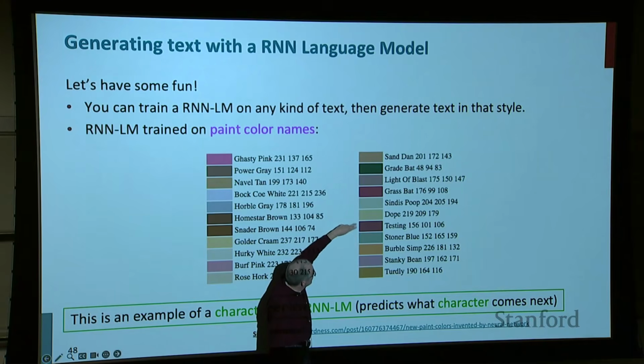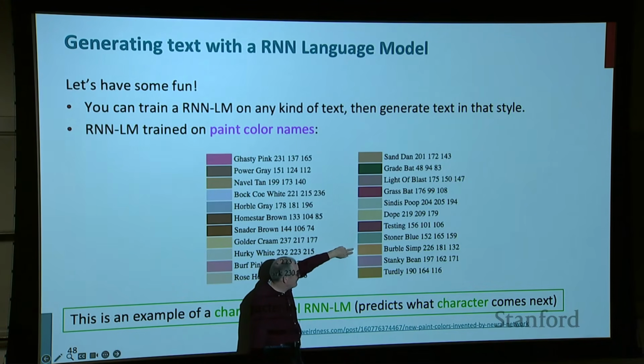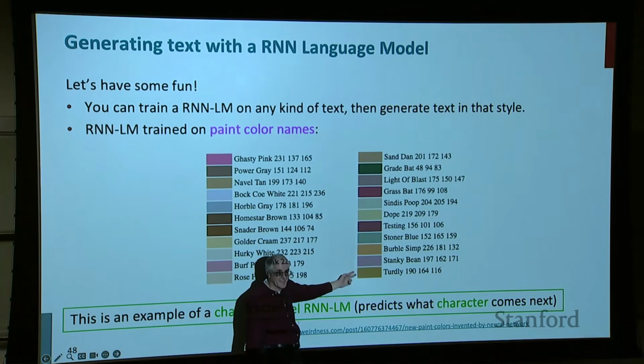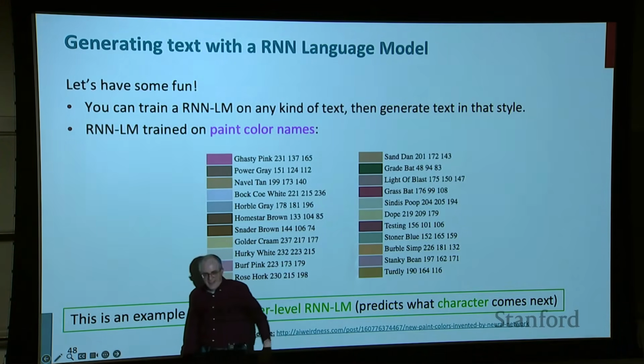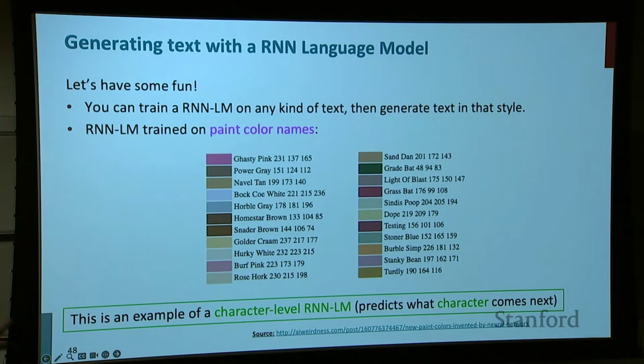And then this Stoner Blue, Burple Simp, Stanky Bean, and Turdly. Now, I think I've got a real business opportunity here in the paint company market for my recurrent neural network. Okay, I'll stop there for today and do more of the science of neural networks next time.